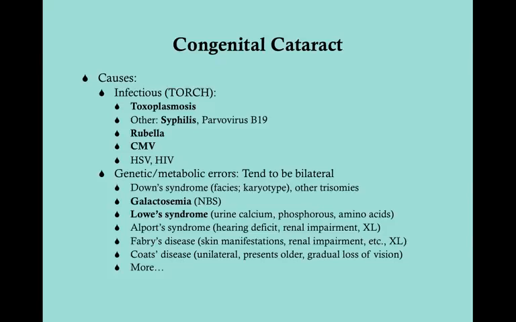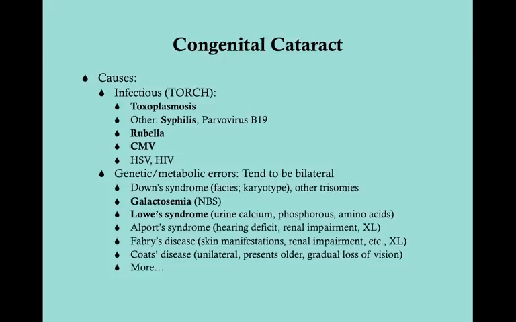Galactosemia is routinely tested for on the heel prick newborn screening examination, so you really don't need to do anything extra to diagnose galactosemia, as we do this for all babies in the U.S. Lowe's syndrome is what we're looking for when we do that urine calcium, phosphorus, and amino acids. This is rare, but it can be the case.